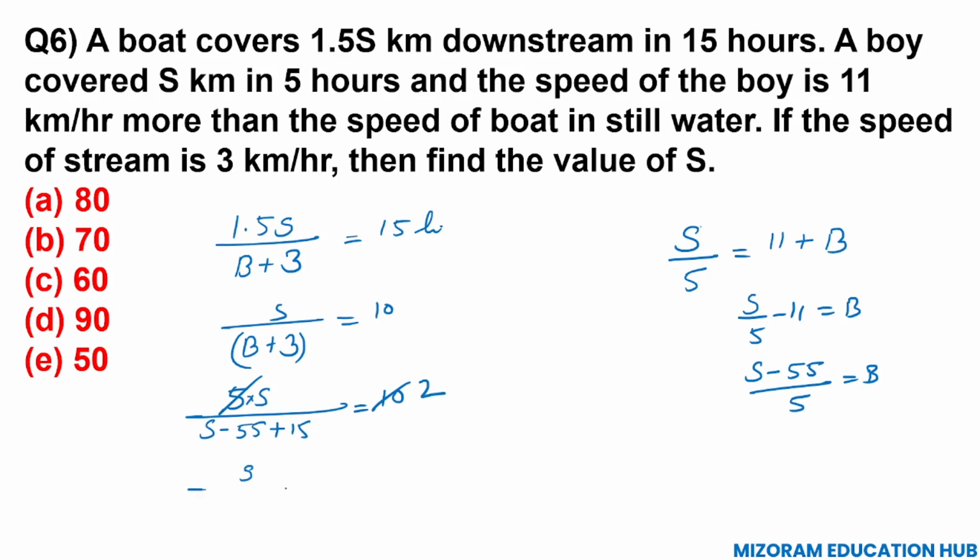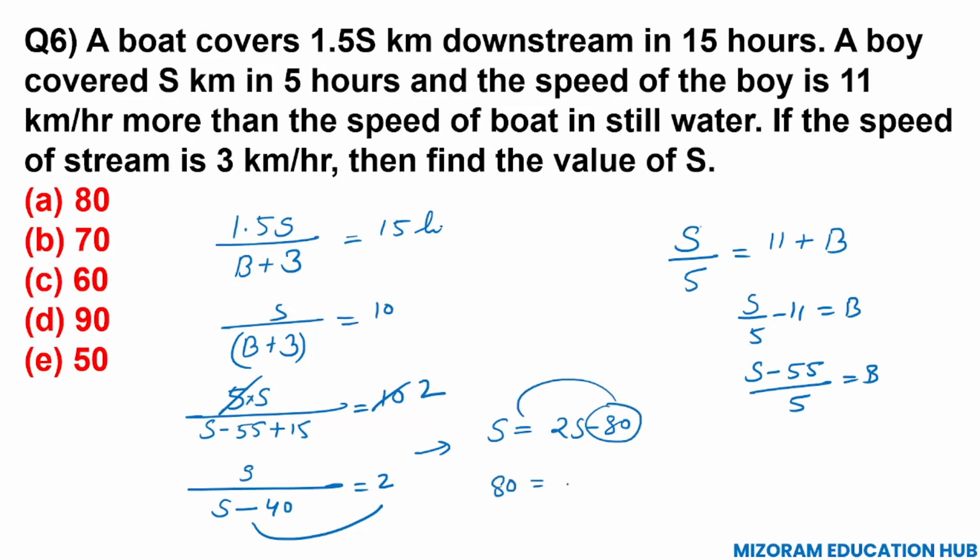So S by S minus 55 plus 15 is minus 40 by 2. Now solving, S equals 2S minus 80, so 80 equals 2S minus S. So S is 80. So the value of S is option A, which is the correct answer.